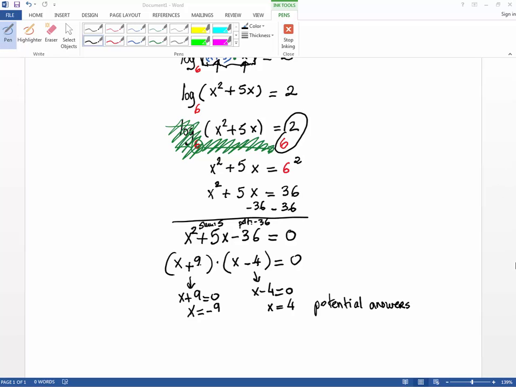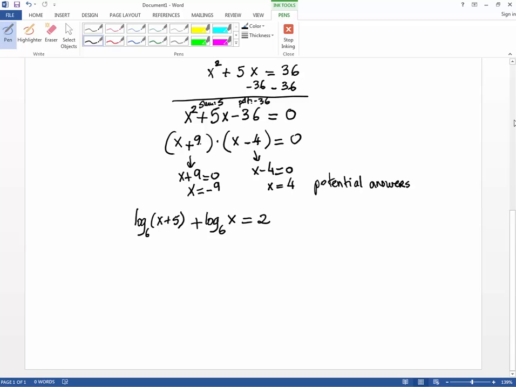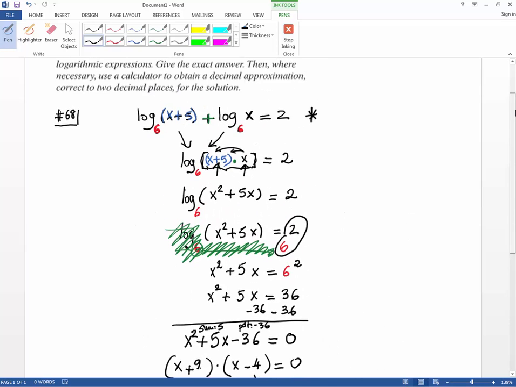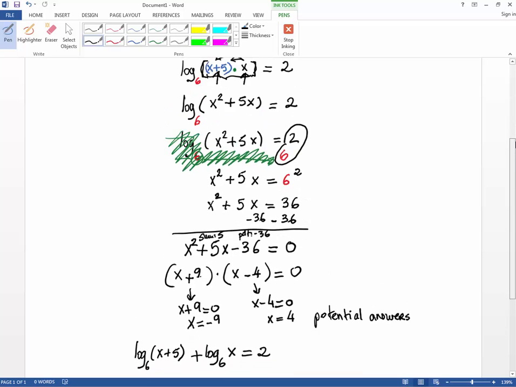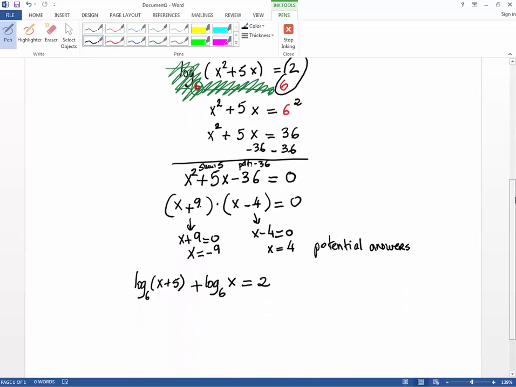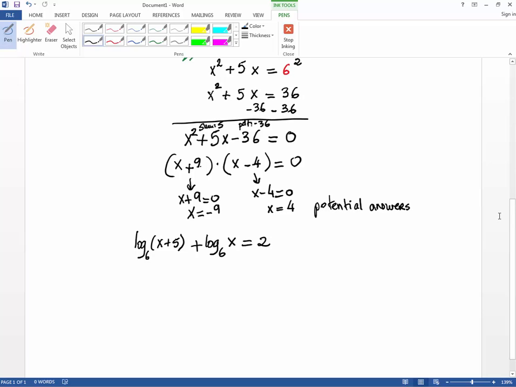So let me rewrite my log equation underneath my potential answers, and we'll see which one of those work out. Notice that it's the original equation that we started with that I just copied below. Let's go ahead and try those solutions.